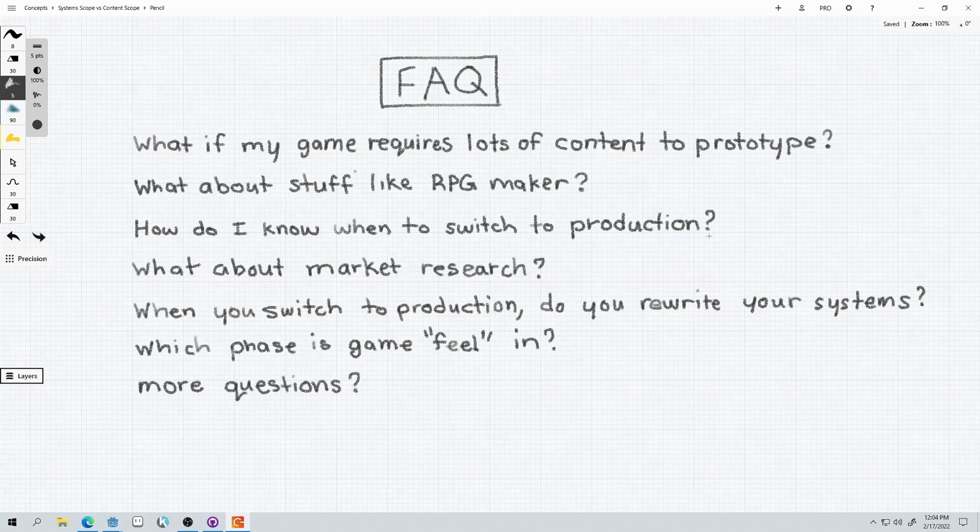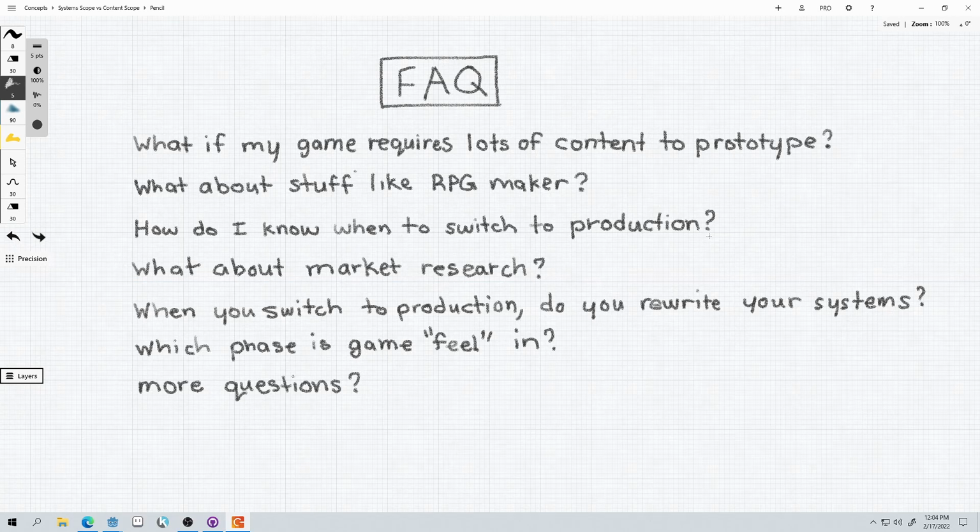Which phase is game feel in? So when you're adding game feel to your game to make it feel good to play, that depends. It depends on the type of feel you're adding. If your game has to have a blood splatter system that is intelligent enough to make blood splatter on the walls or the floor or whatever, right? That's a system, so you would add that in prototyping.